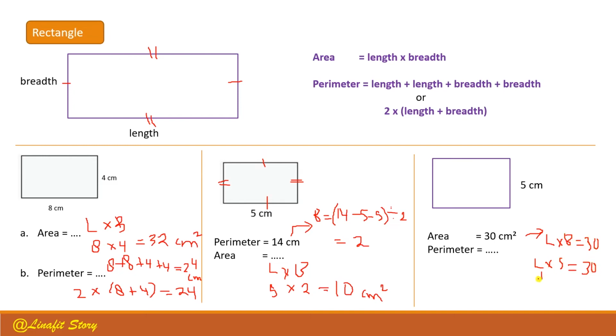So the length is 30 divided by 5 is equal to 6. So the perimeter is equal to 6 plus 6 plus 5 plus 5 is equal to 22 cm.